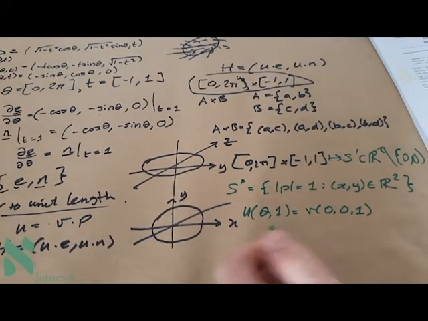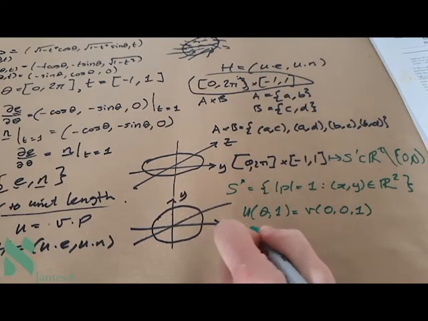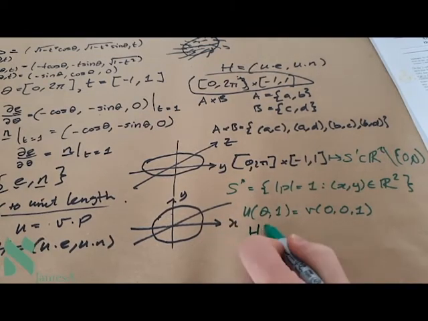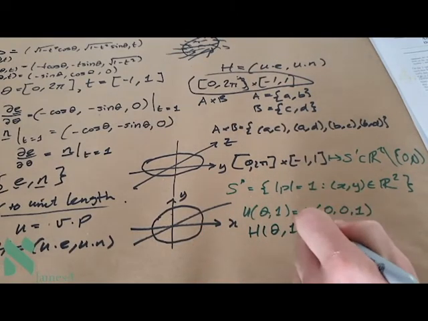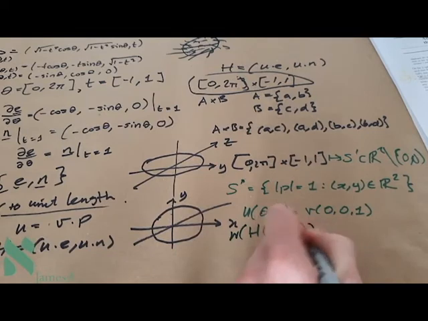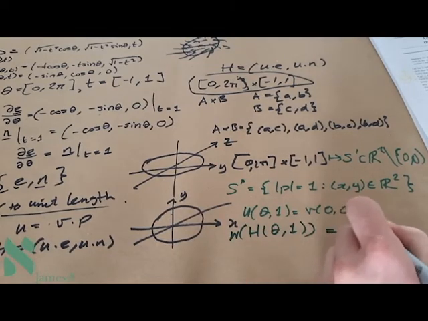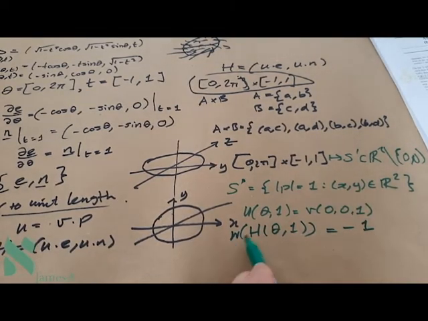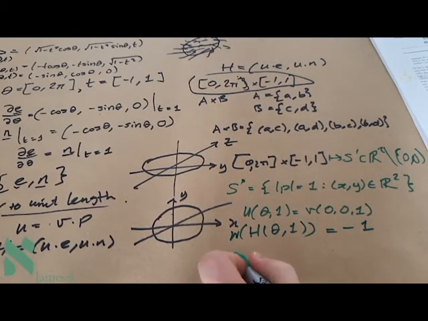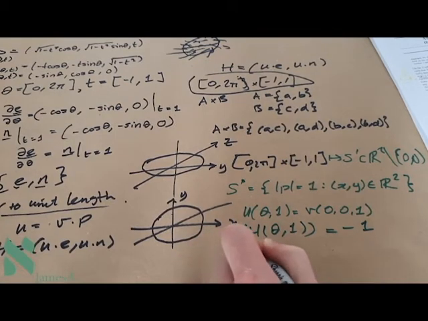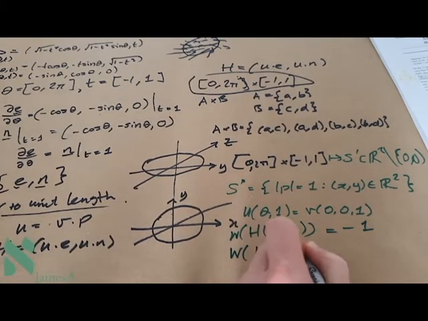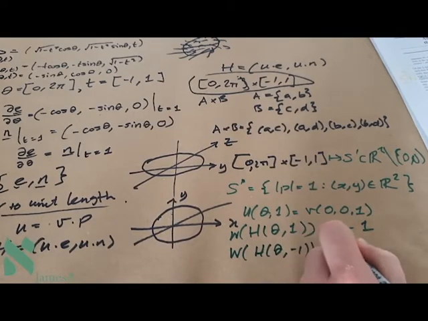And then we can say the curve has a winding number at theta 1, using h theta 1, of -1, where w is the winding number of a certain curve. And you can have a look at the winding number of h theta -1. Oh, that's 1.